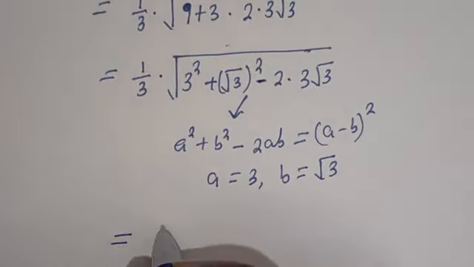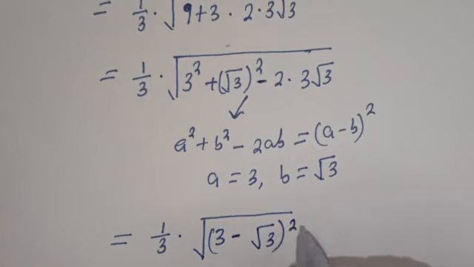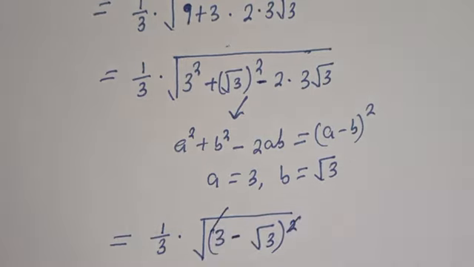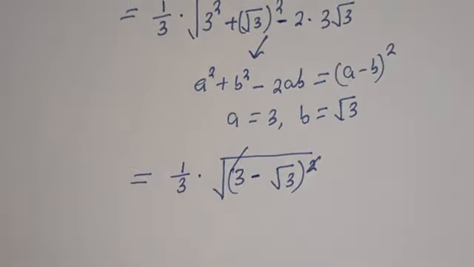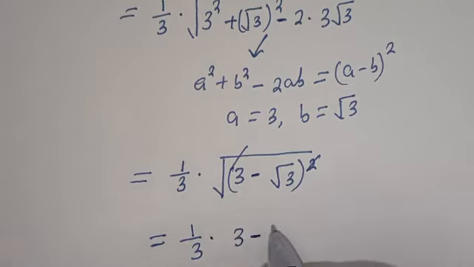Then this is equal to 1 divided by 3 multiplied by square root of 3 minus square root of 3 all square. This will cancel this. Then this is equal to 1 divided by 3 multiplied by 3 minus root 3.